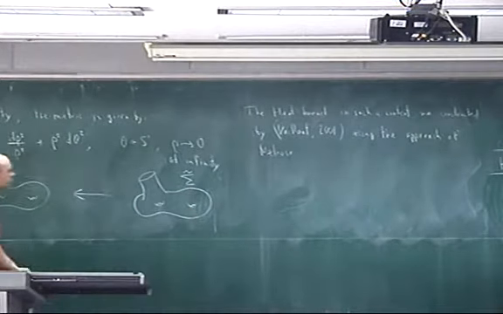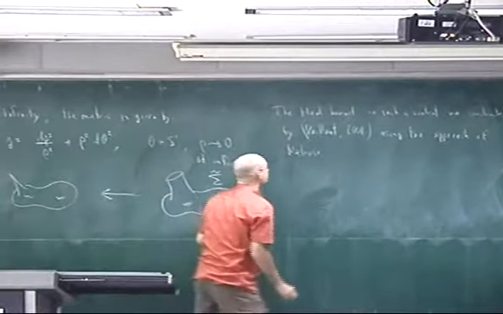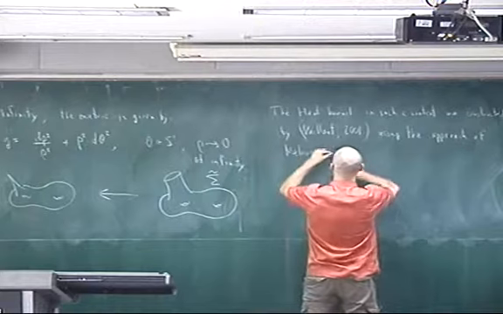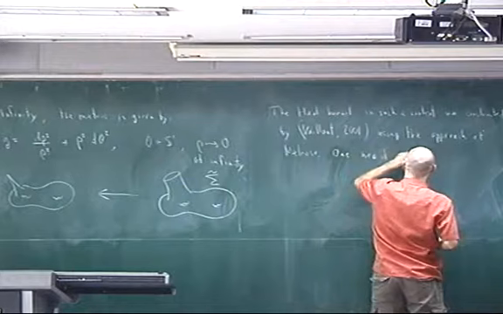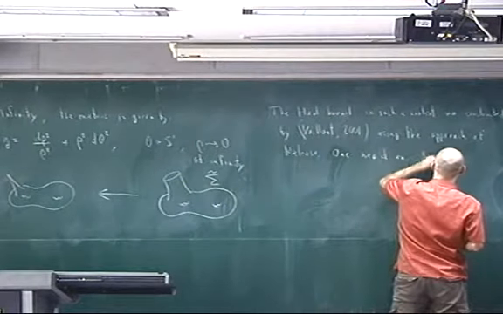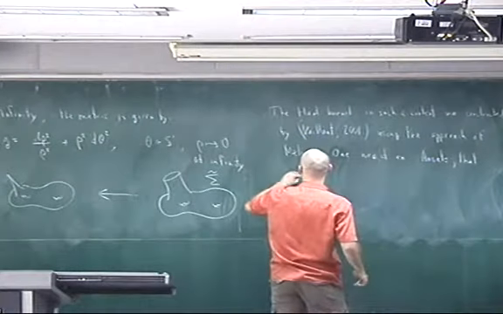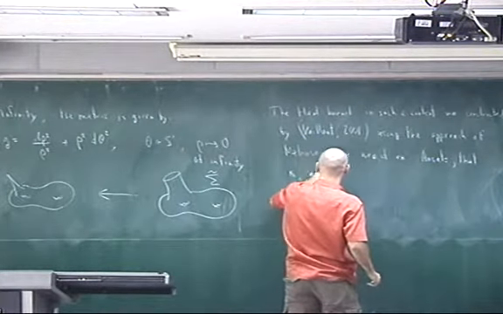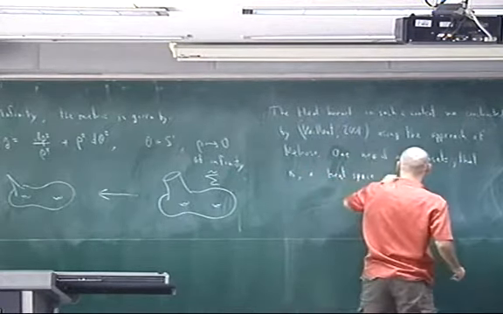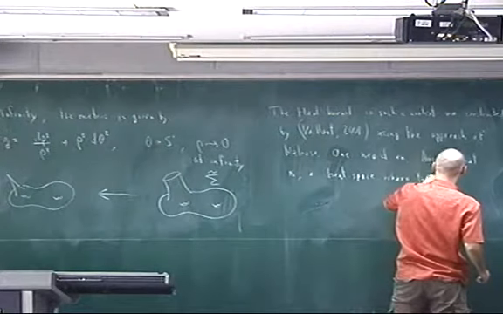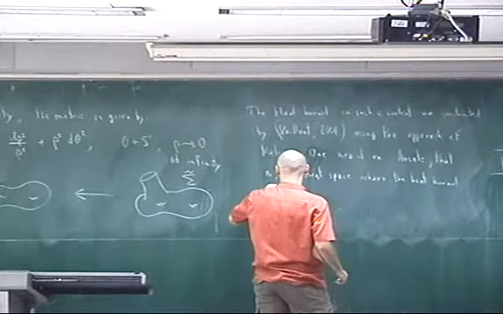So it goes as follows. One needs a heat space where the heat kernel will be smooth.